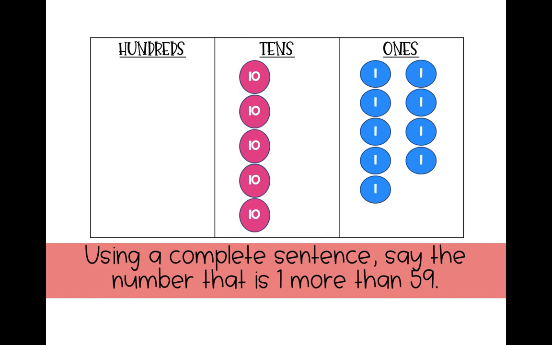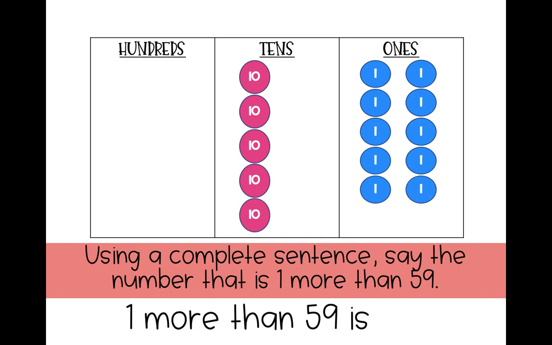Using a complete sentence, let's say the number that is one more than 59. One more than 59 is 60. We know that because we drew an extra ones disc, which got us to 60.